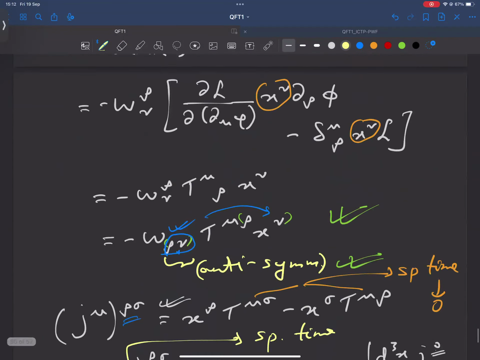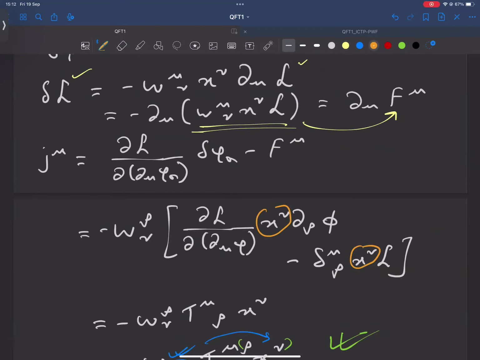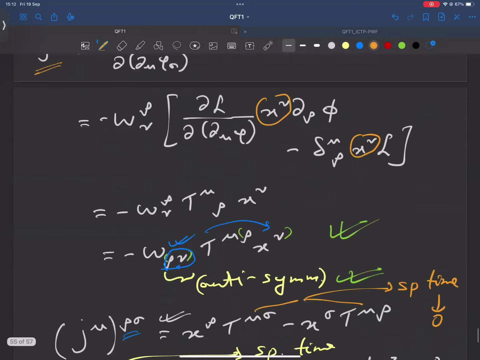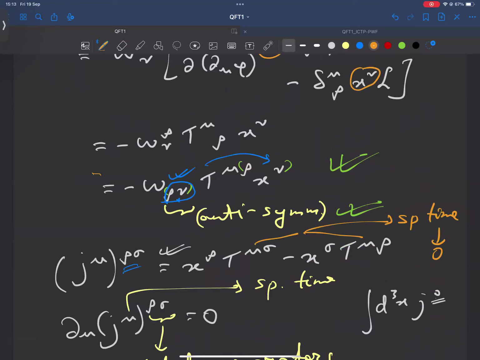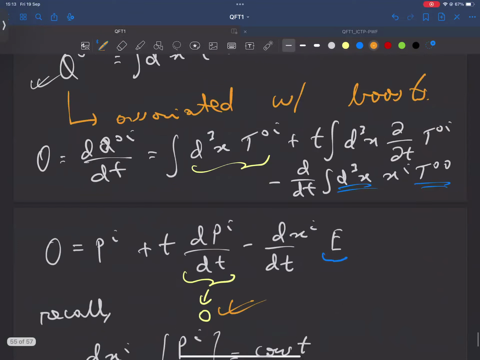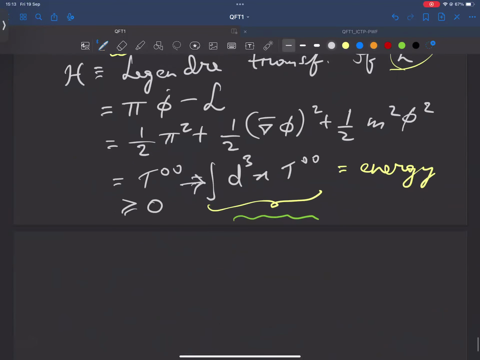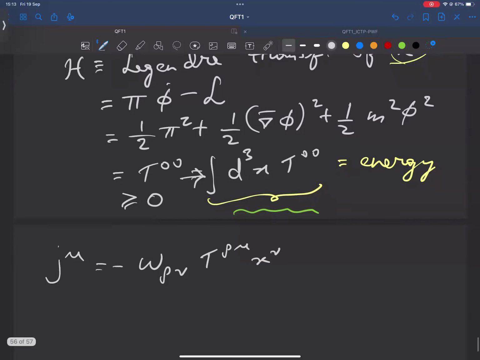So you see that the Noether procedure of J mu gave us this quantity, right? This omega rho nu times T mu rho times chi. So let's write this properly here. So we get J mu as minus omega rho nu T rho mu x nu. Okay, that's what we got.